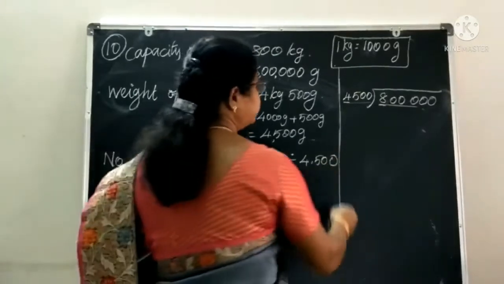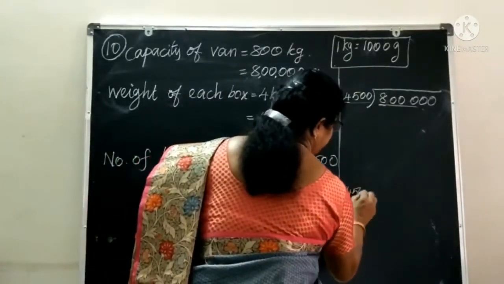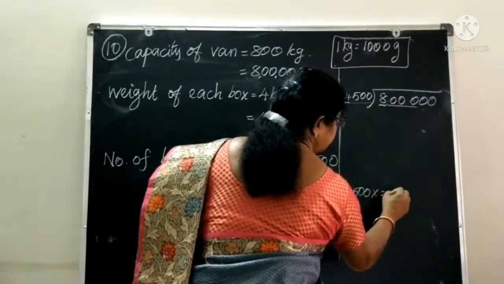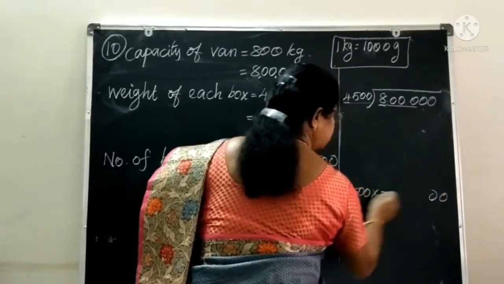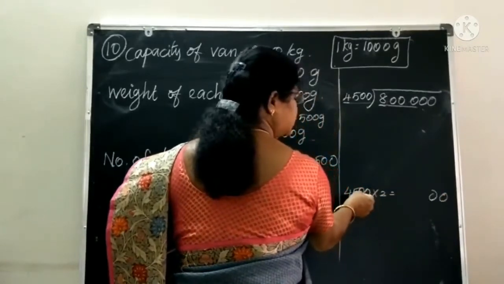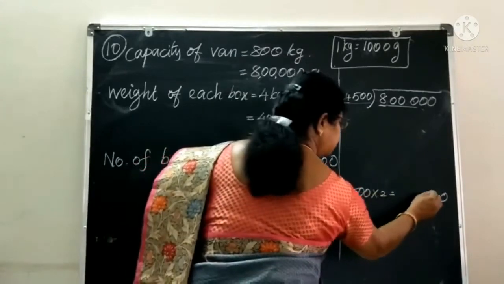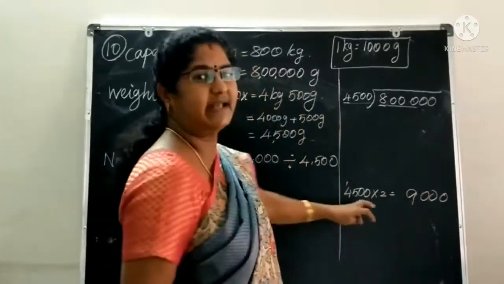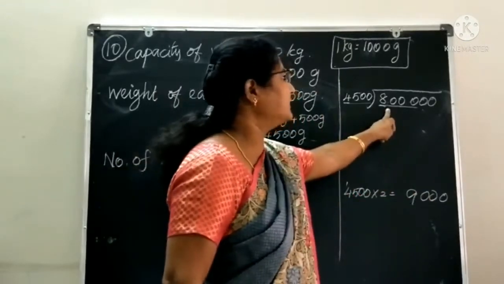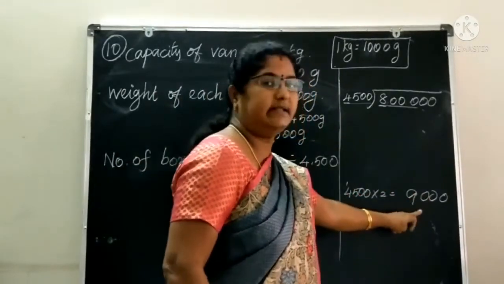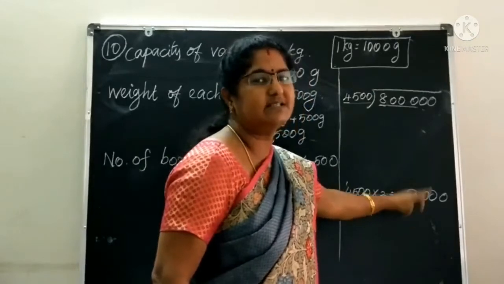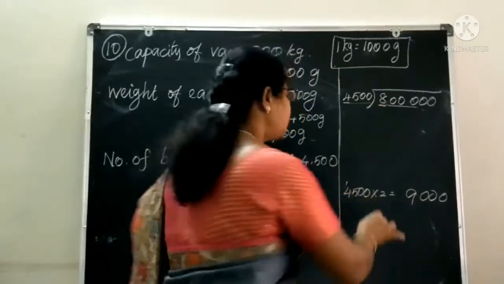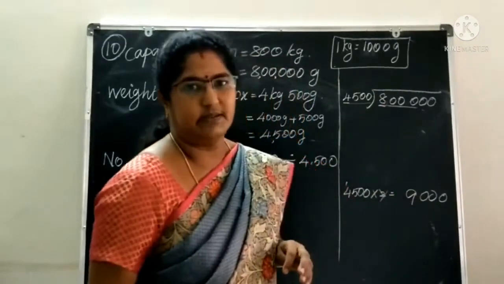We'll check. 4500 into 2: 2 zeros are 0, 2 zeros are 0, 5 2s are 10, balance 1, 4 2s are 8, 8 plus 1, 9. 9000. Only 8000 is here, and 9000 is bigger than 8000.